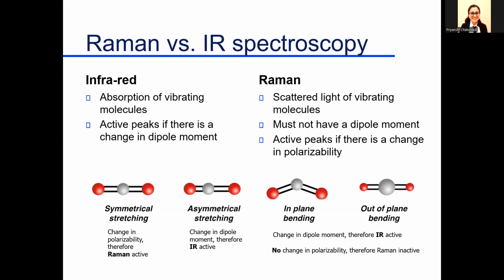In plane and out of plane bending, again, if there's a change in the dipole moment, IR active, right? Because it's doing this. So if you look at me like this on the side, I am changing. If these are positive and my body's negative, I am changing the dipole moment, right? So usually polar things are more active than nonpolar things. Nonpolar things tend to be more Raman active.